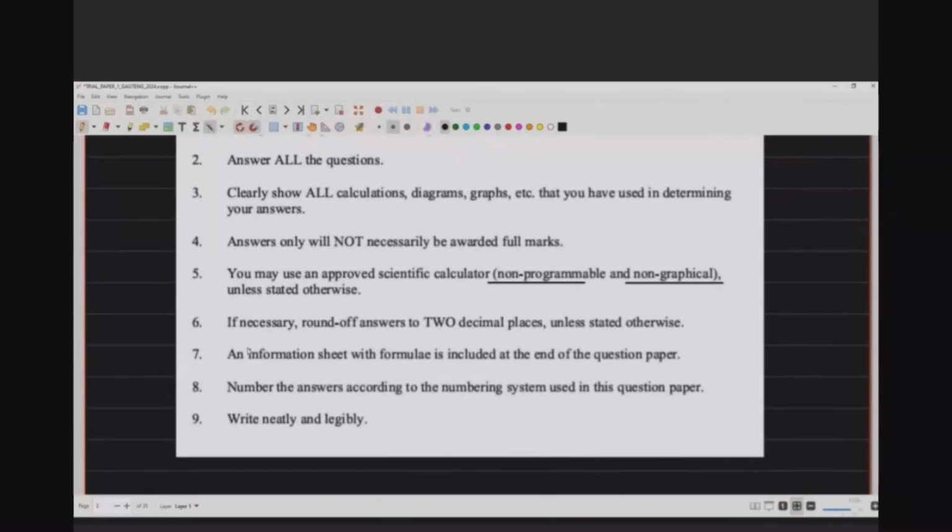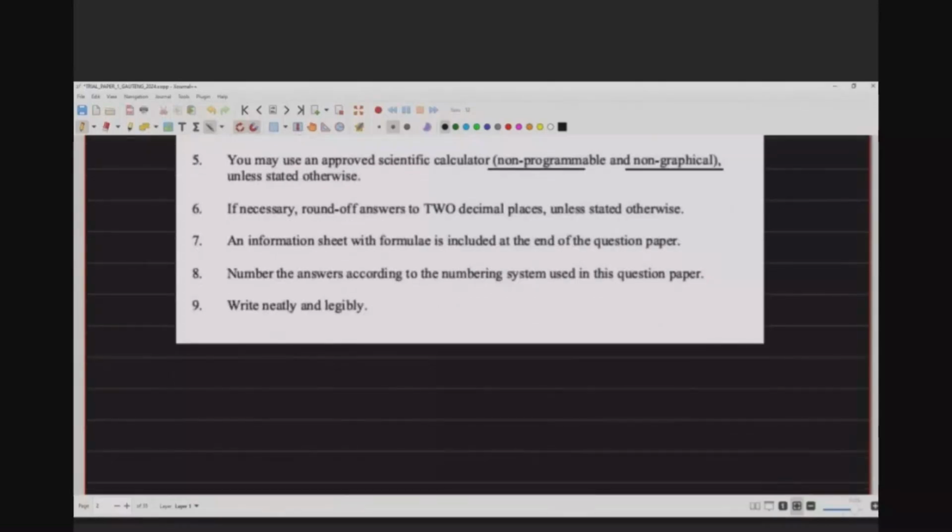And then, if necessary, round off answers to 2 decimal places unless stated otherwise. And an information sheet with formulae is included at the end of the question paper. Check if it's present always, and number the questions according to the numbering system used in this question paper. And finally, write neatly and legibly.